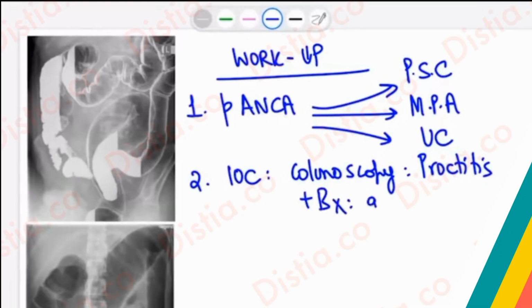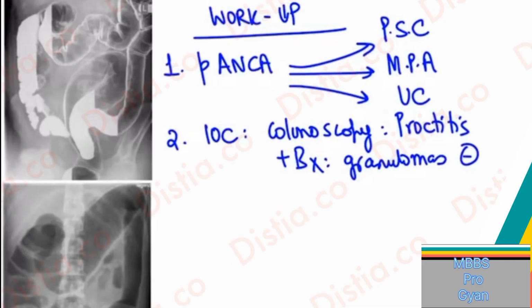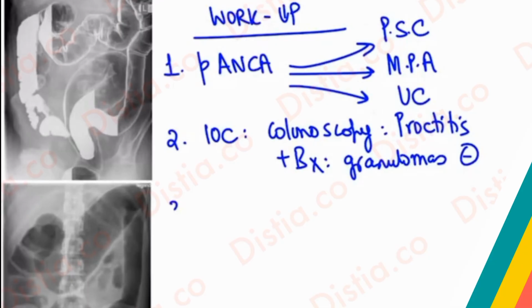With biopsy, the finding is going to be that granulomas are absent. I have already highlighted to you that if the question says granulomatous colitis, it is Crohn's. If it says non-granulomatous colitis, it is ulcerative colitis. And well, I also want to rule out the possibility of a malignancy.